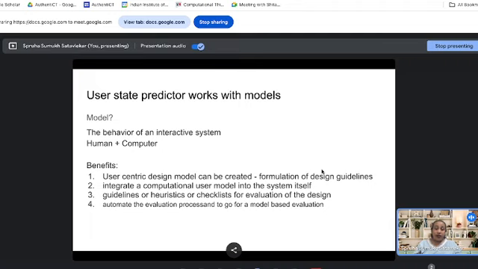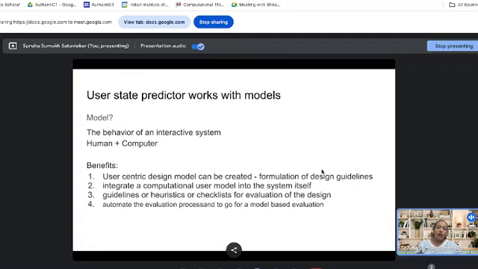What are the benefits of coming up with a user state predictor model? A user-centric design model can be created, and it helps in formulation of design guidelines. So if you have a few design guidelines based on the user-centric approach, you will be having some form of user satisfaction even in the initial design, right?